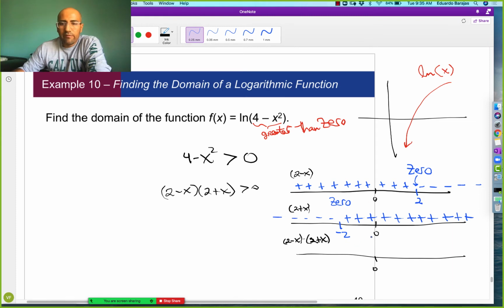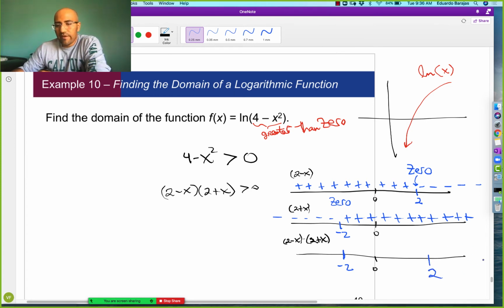Good. Okay, so now we finally think about the multiplication of the two. If you replace these x's by a -2, one of them is going to be 0, so the whole thing becomes a 0. So here's a 0. And if we replace it with a +2, it becomes a 0 as well.